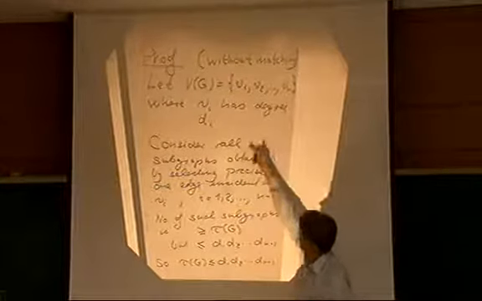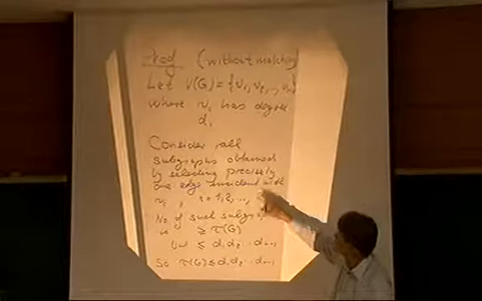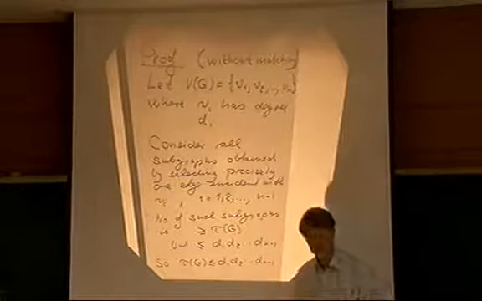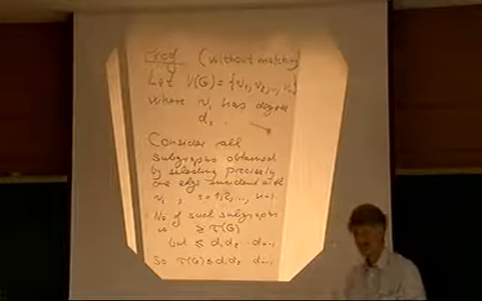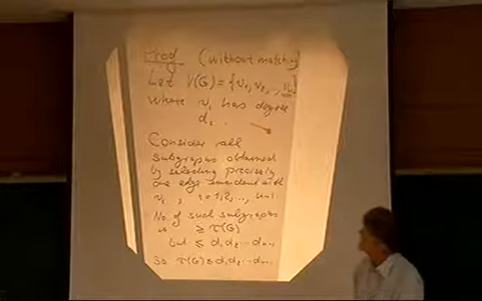Now I want to consider all the subgraphs which are obtained by selecting precisely one edge incident with every vertex. So I construct now a subgraph in the following way. For every vertex, I select an edge incident with that vertex. In how many ways can I do that? Well, I do it for all vertices except for the last one. I don't do it for the last one, but for all the other ones. In how many ways can I do that?